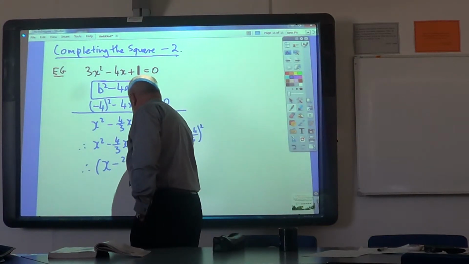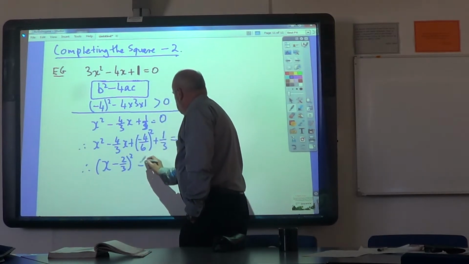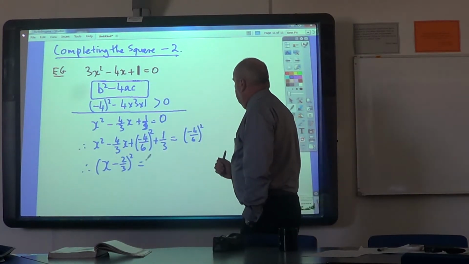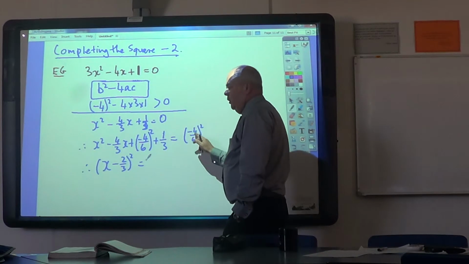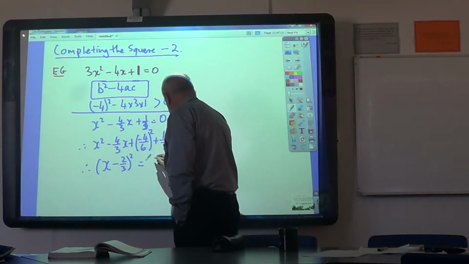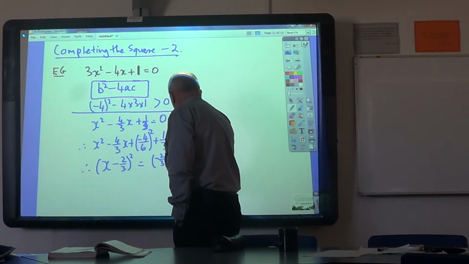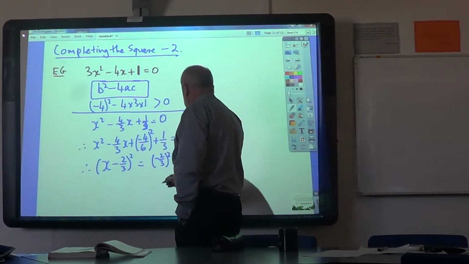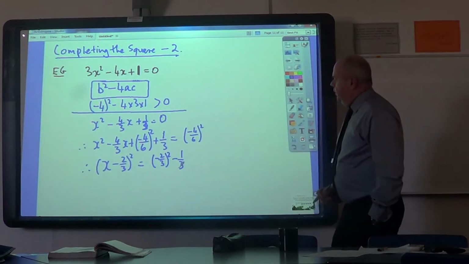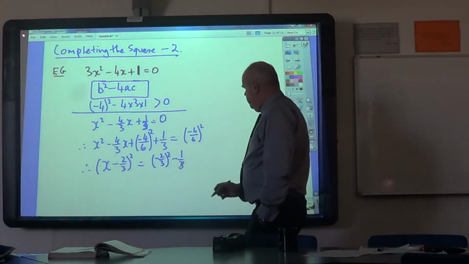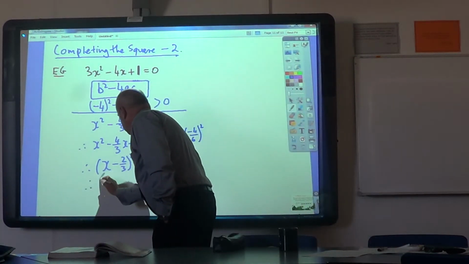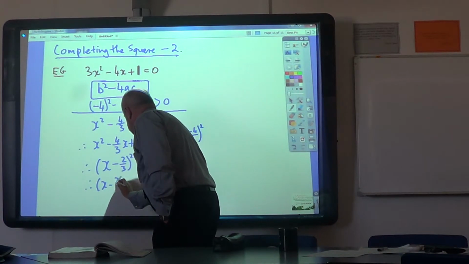So, I'll fix that up now. And then I'm going to take the positive 1/3 over to the other side and tidy this up at the same time. Equals negative 2/3 squared minus 1/3. What am I going to do now? Well, I'm going to tidy up the right-hand side and leave the left-hand side as you see it.